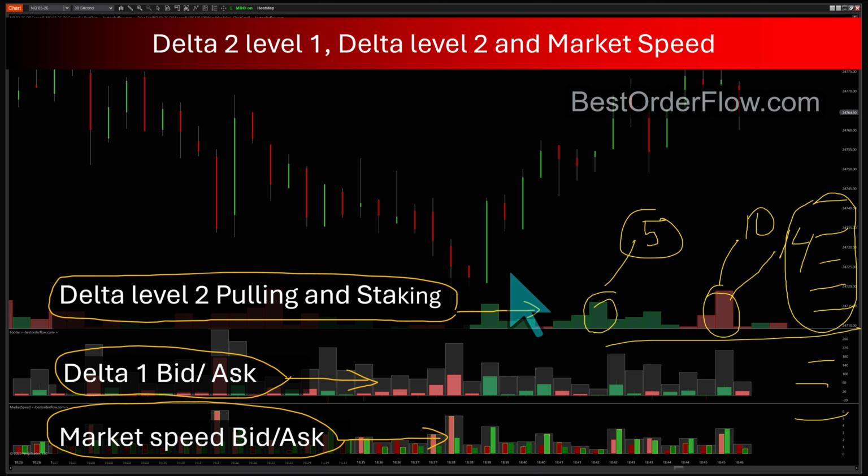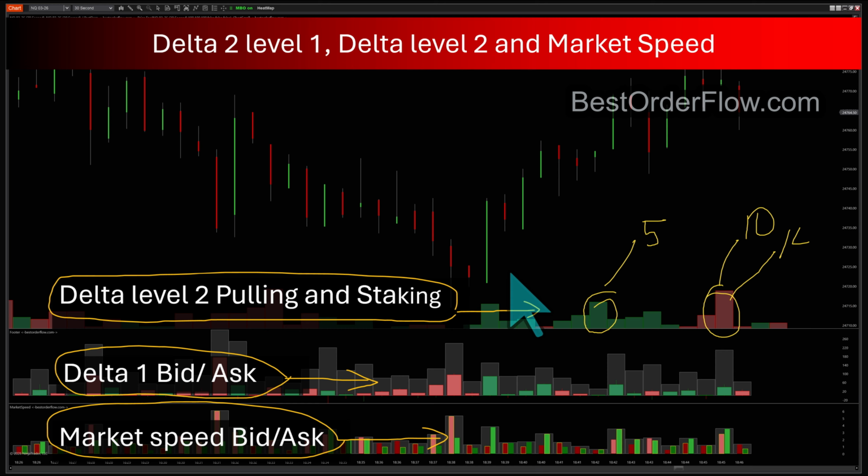Let's say the price is over here. If you want more precision, you lower it to 5 or 10 or 7. If you want the bigger picture, like on S&P, you tune it for a larger number. It needs to be tuned to your time frame and to the level of precision you want. The way to tune these indicators is on the indicator itself. Now we call it past DOM.